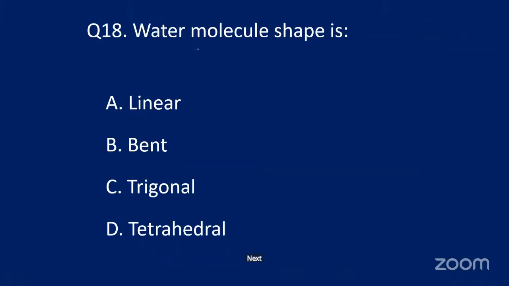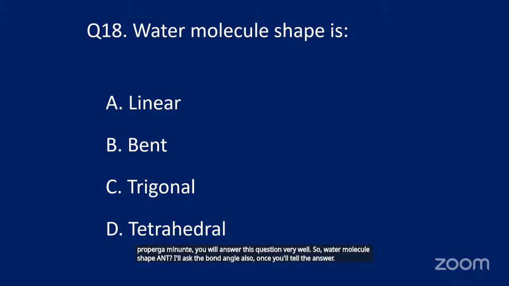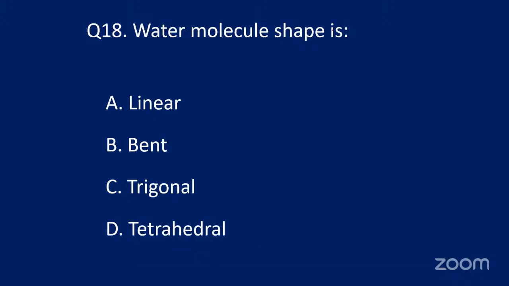Next question. Water molecule shape is, ఇది నిన్న మీరు హైబ్రిడైజేషన్ షేప్స్ ప్రాపర్గా వినుంటే యూ విల్ ఆన్సర్ దిస్ క్వశ్చన్ వెరీ వెల్. సో వాటర్ మాలిక్యూల్ షేప్ ఏంటి? ఐ లాస్ట్ ద బాండ్ యాంగిల్ ఆల్సో వన్స్ యూ విల్ టెల్ ద క్వశ్చన్ ఆన్సర్. People who know the bond angle mention the bond angle also along with the answer.